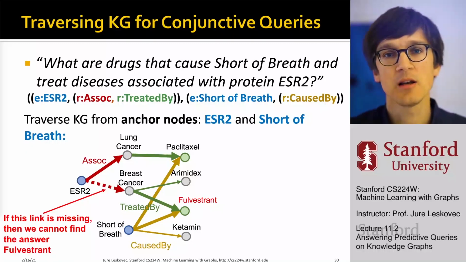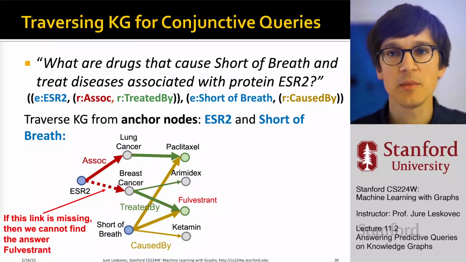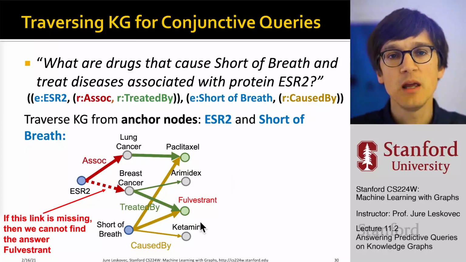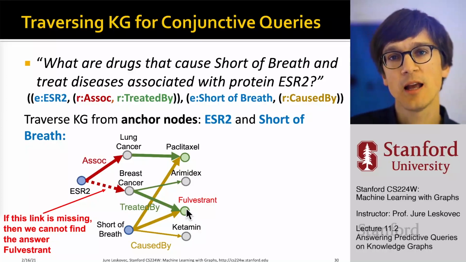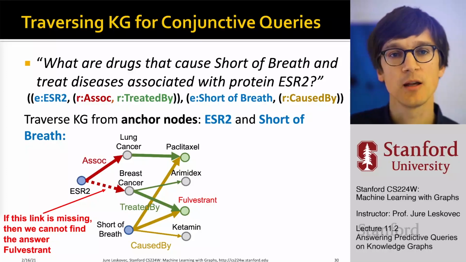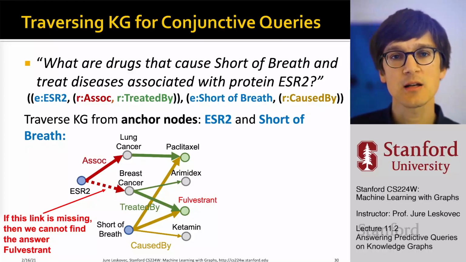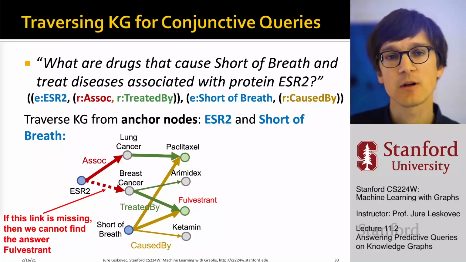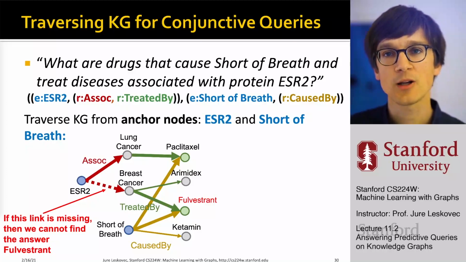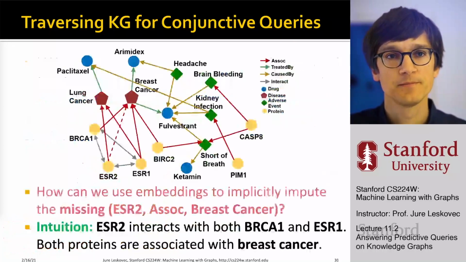Of course, as I was saying before, if some of the links on the path are missing, which is usually the case, then a given entity would not be identified as the answer to our query. For example, if we don't know that ESR2 is associated with breast cancer, there is no way for us to discover that fulvestrant is actually the answer to our question. So if the knowledge graphs are incomplete, knowledge graph traversal won't work.